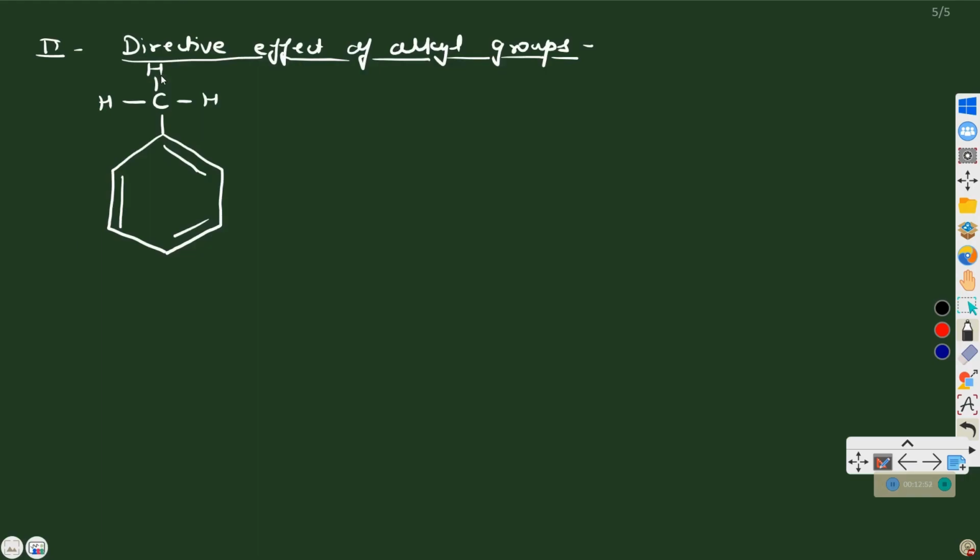So here we understand this is the doubly bonded carbon, and next to that this is the alpha carbon, and this is the alpha carbon hydrogen bond. So this can show the hyperconjugation effect. This will go in between this carbon and the benzene carbon, and this can be shifted here. So through the hyperconjugation effect, the electron density at the ortho and para positions is increased.